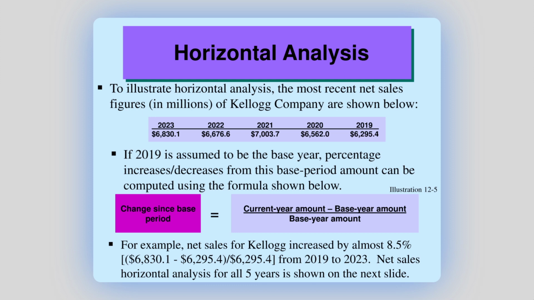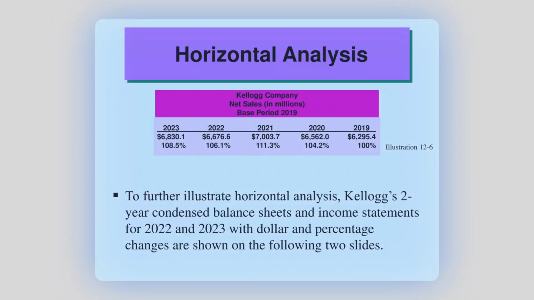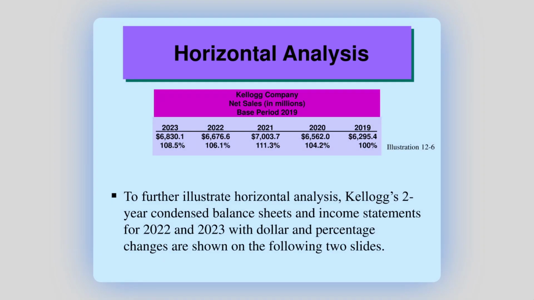How much is that? An 8.5% increase. Okay, next one. Another formula, class. This is the shortcut.